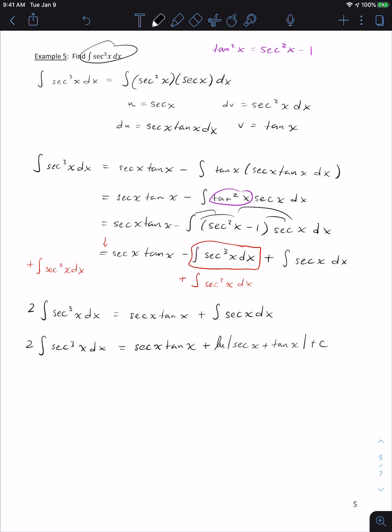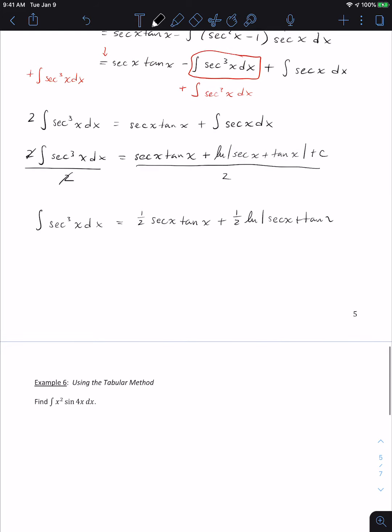Okay, but we're not done yet. Last step. We want secant cubed x by itself because we want to figure out what secant cubed x is. So my last step here is divide everything by 2. All right, so the integral of secant cubed x dx is equal to 1/2 secant x tangent x plus 1/2 ln of the absolute value of secant x plus tangent x, plus c.